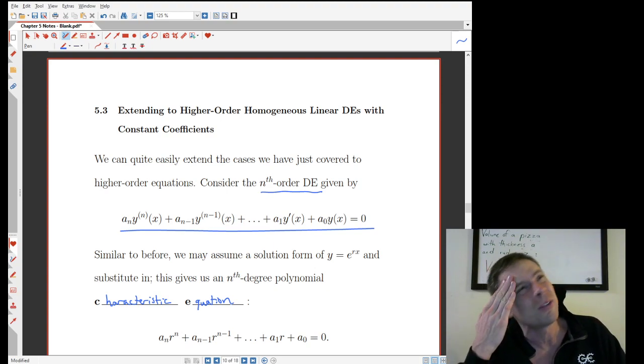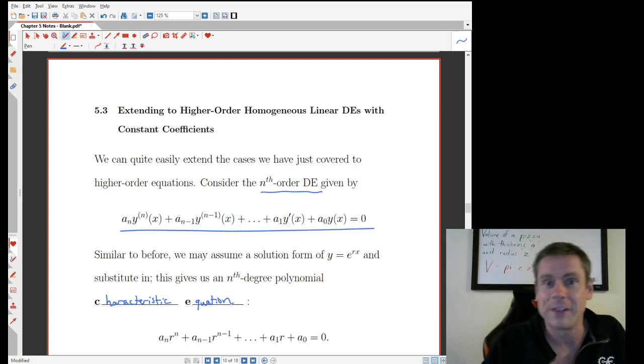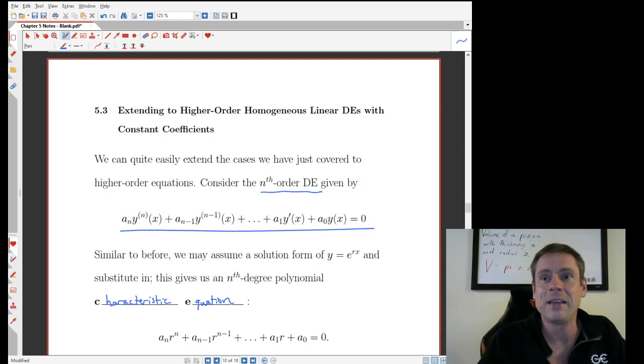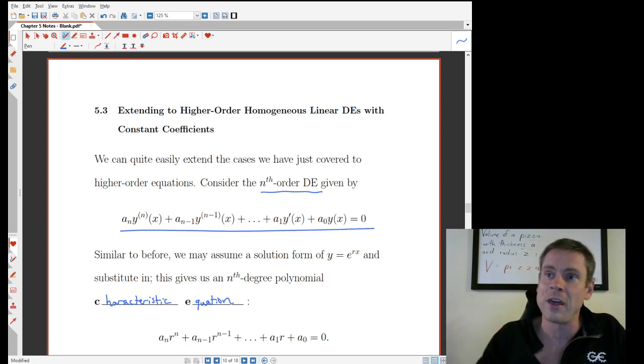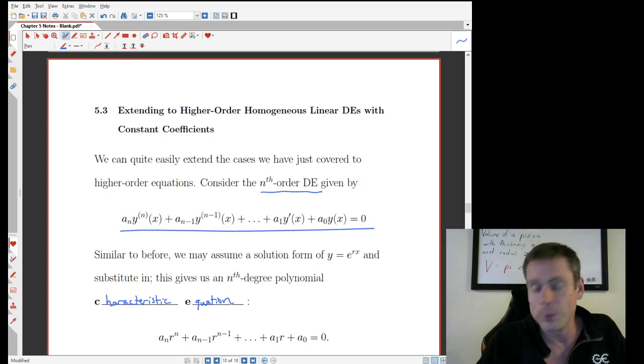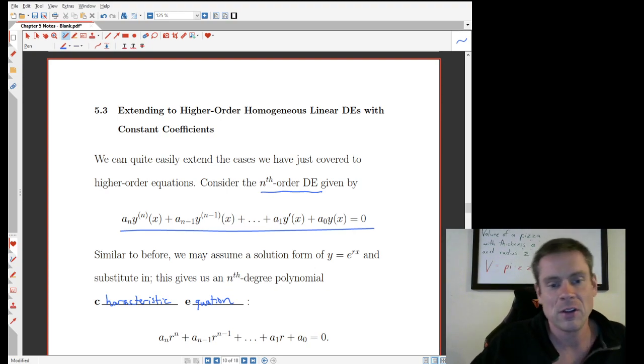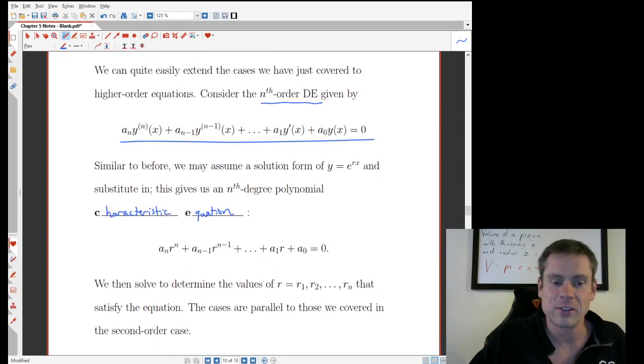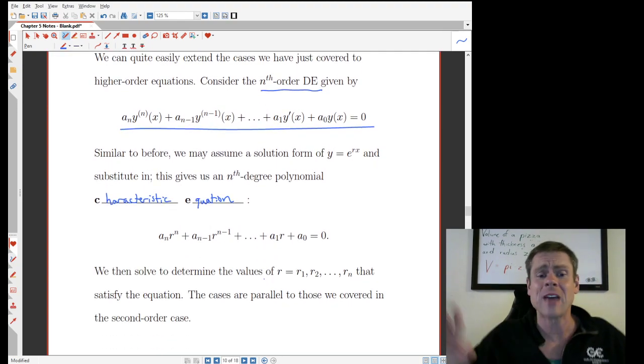Theorems like ones that you might have seen in grade 11 and 12, like the factor theorem, can come into play here if you're trying to find roots to these things, whether they are real roots or complex roots and so on. We're going to do a couple of examples to make sure that all of that is clear. But it flows exactly the same way.